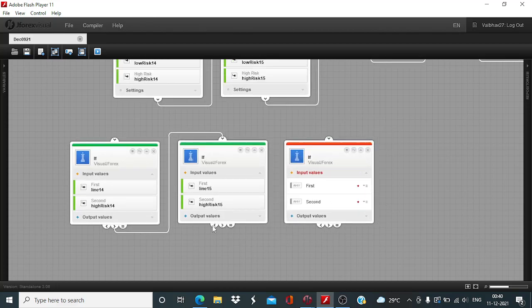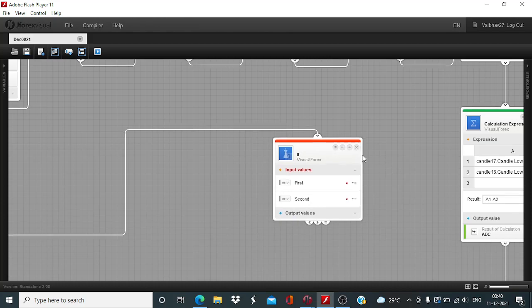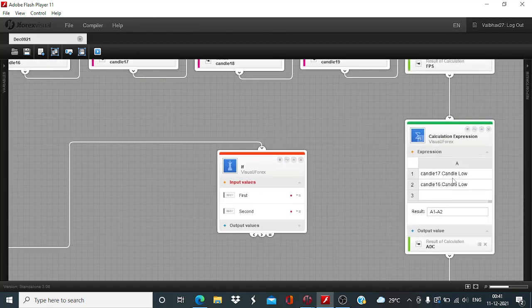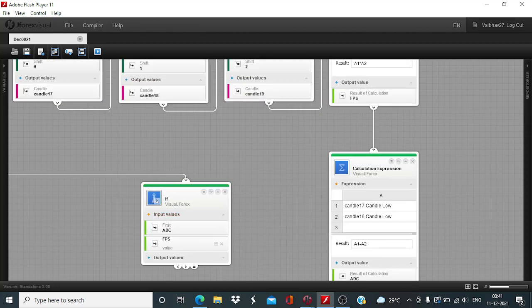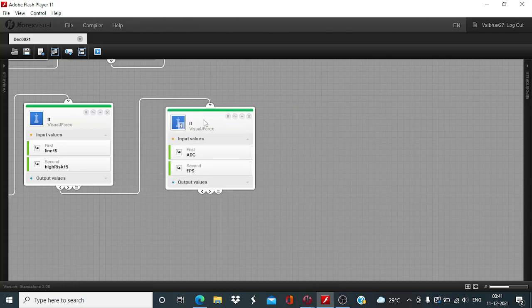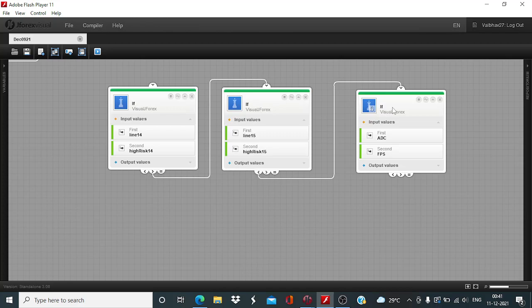So here, first input less than second input. After that we compare the actual difference between these two candle lows to the predefined value of 15 pips, and here we will need it to be less than 15 pips.